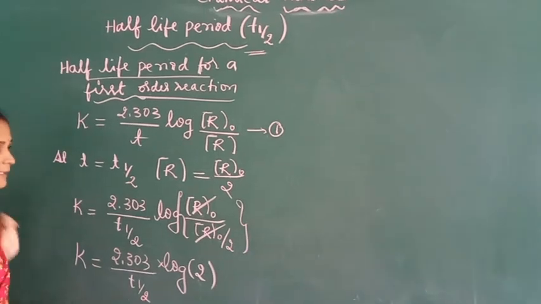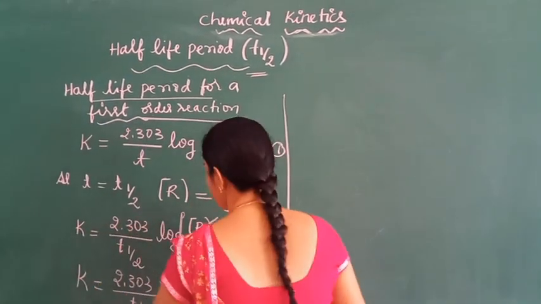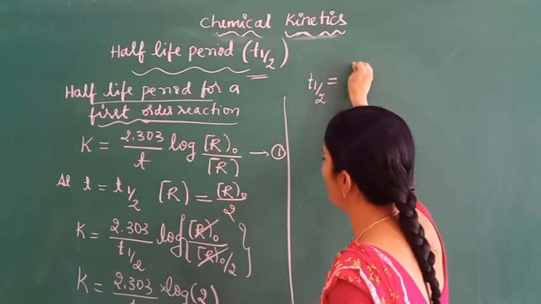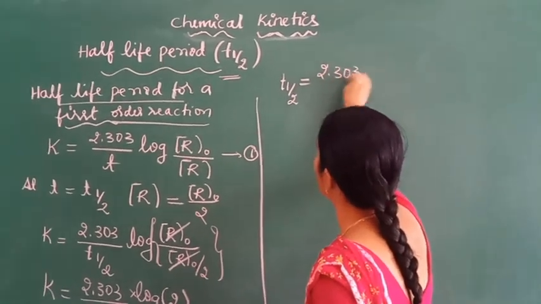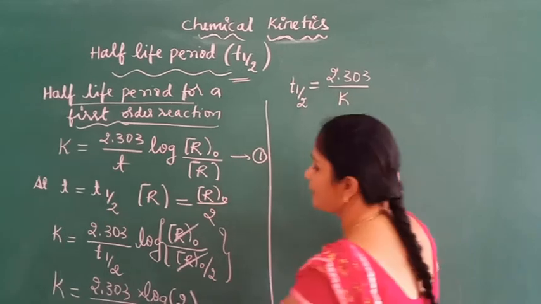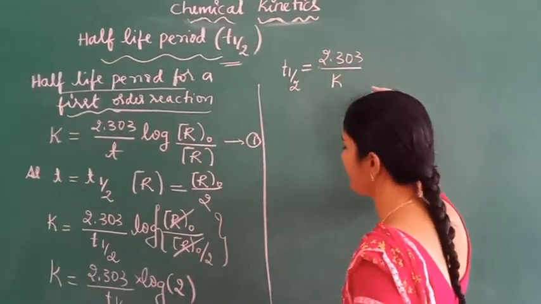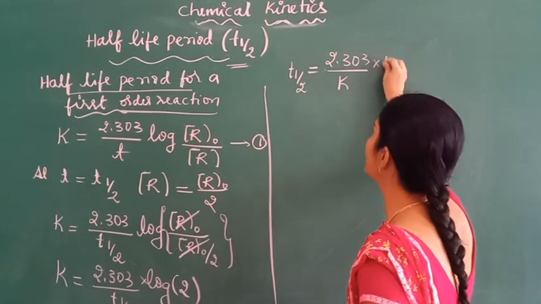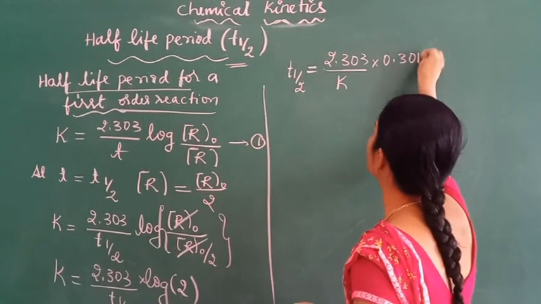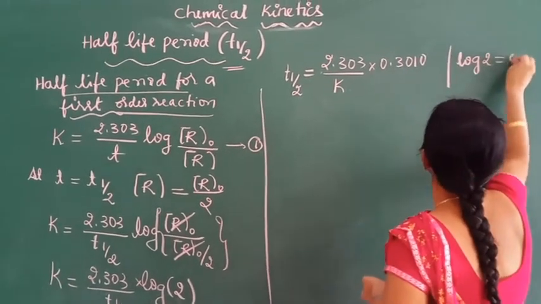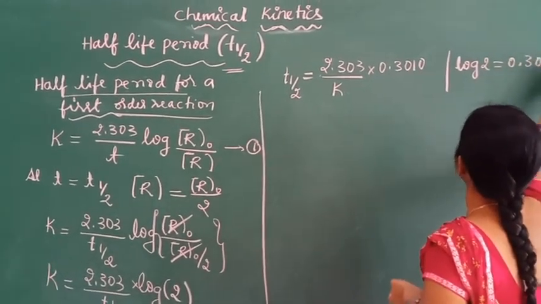So we have to calculate half-life. Therefore take t half to this side. Therefore t half equals 2.303 by K into log 2. The value of log 2 is 0.3010.